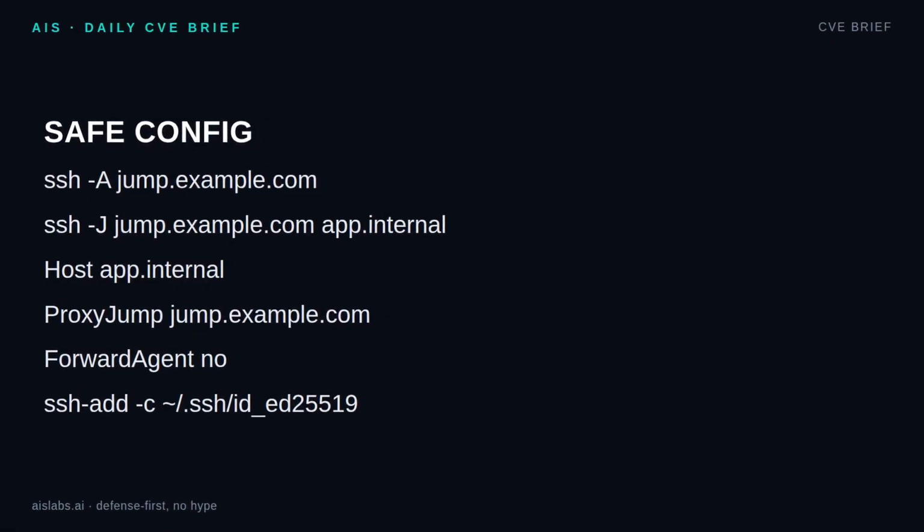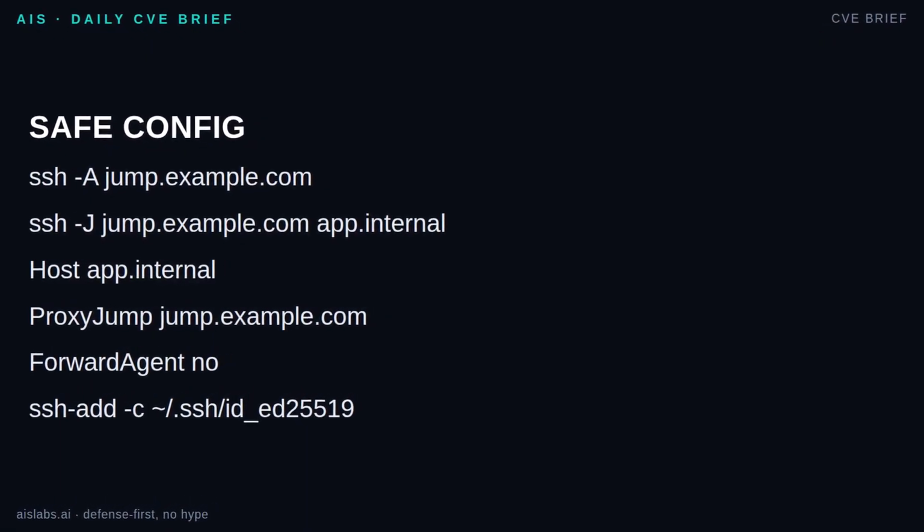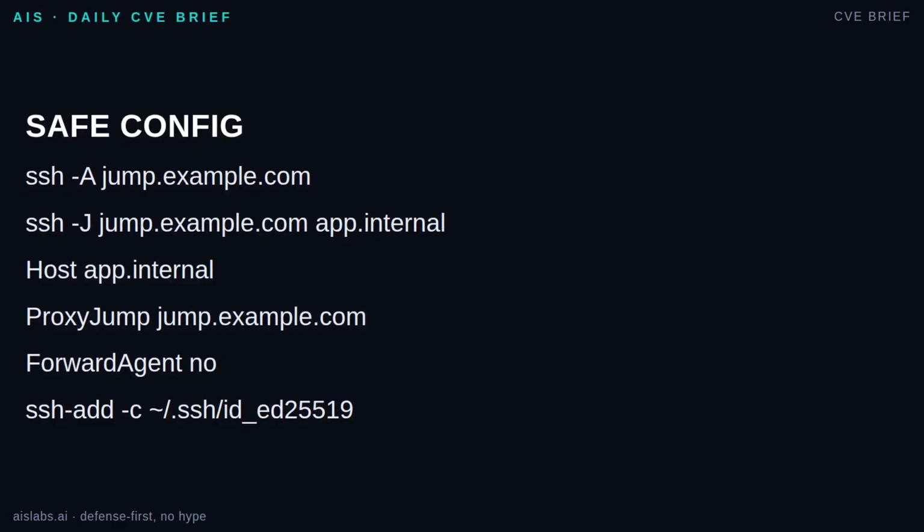The first line is the dangerous convenience form. ssh -A enables agent forwarding for that connection. Know it, but do not make it your normal path. The second line is the safer replacement. ssh -J connects to app.internal through jump.example.com, while your local SSH client still authenticates to the final host.